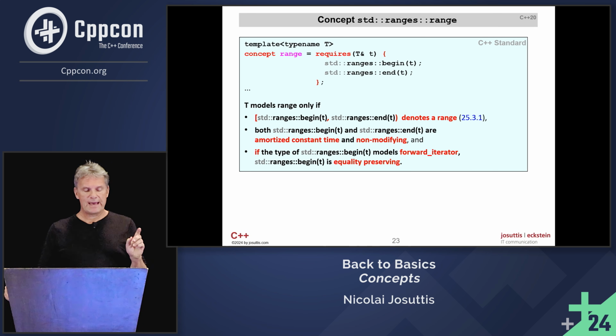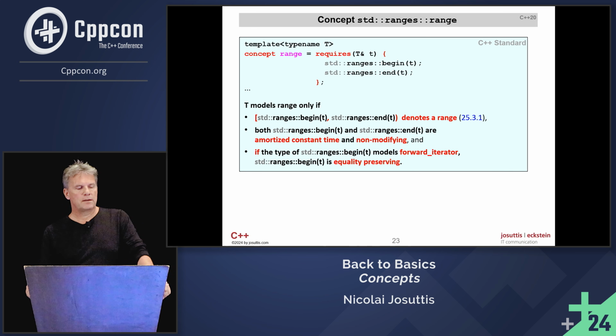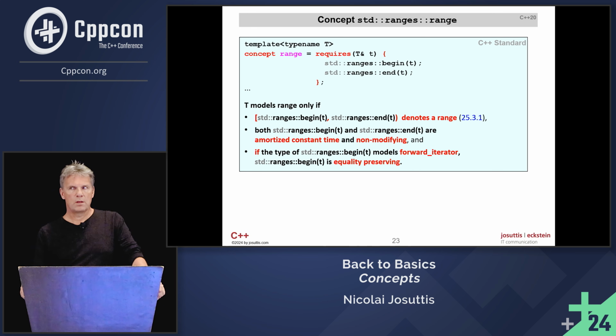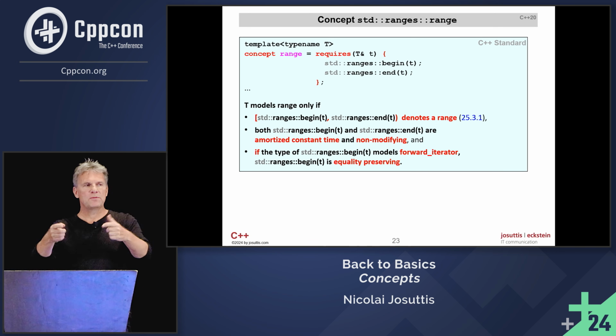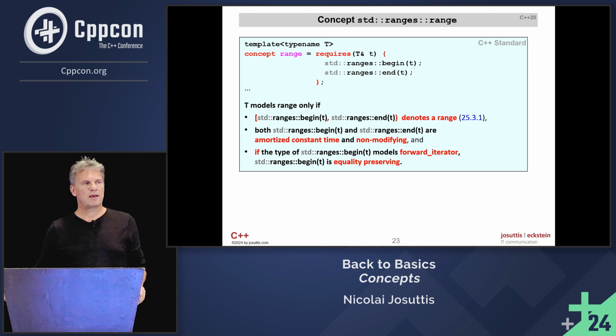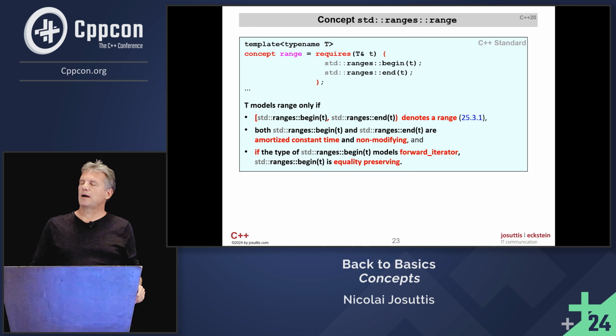And in case begin models a forward iterator, then begin is equality preserving, which means if you have two iterators pointing to the same spot and you increment them both, they again point to the same spot. This is nothing we can check at compile time.